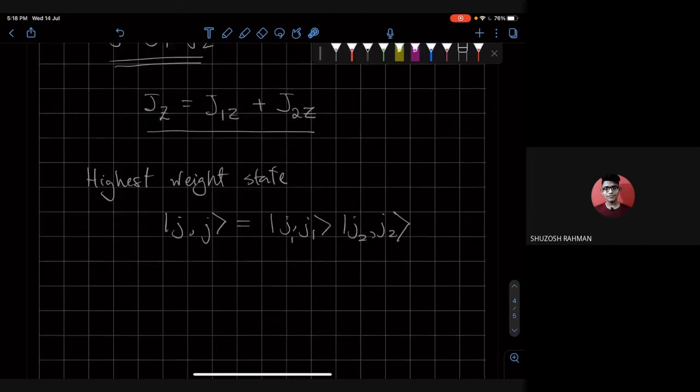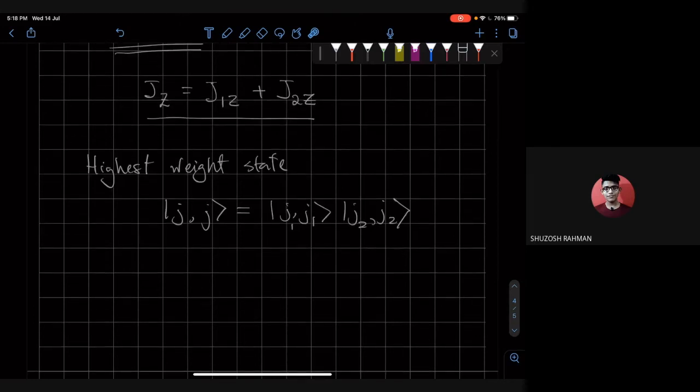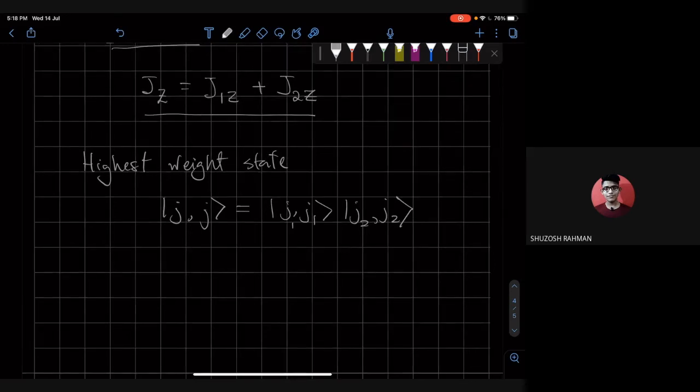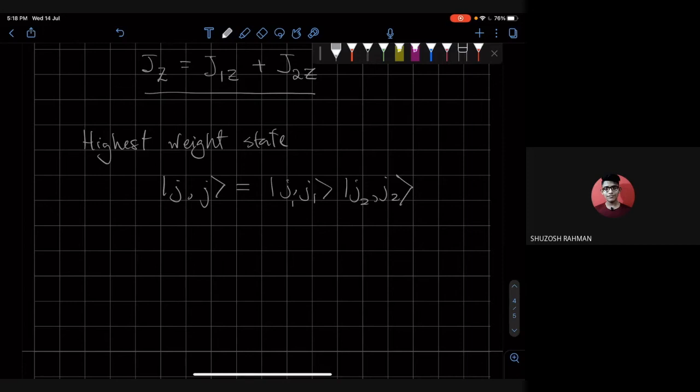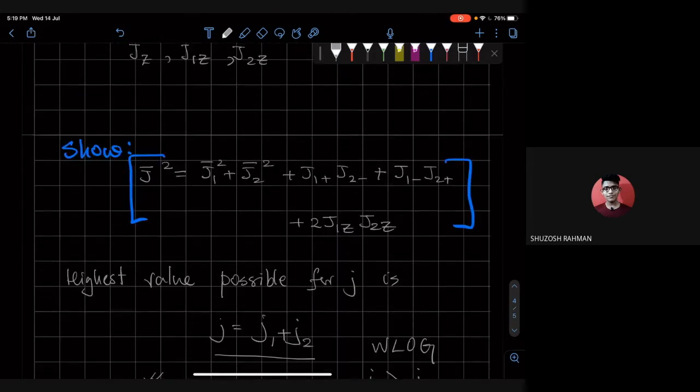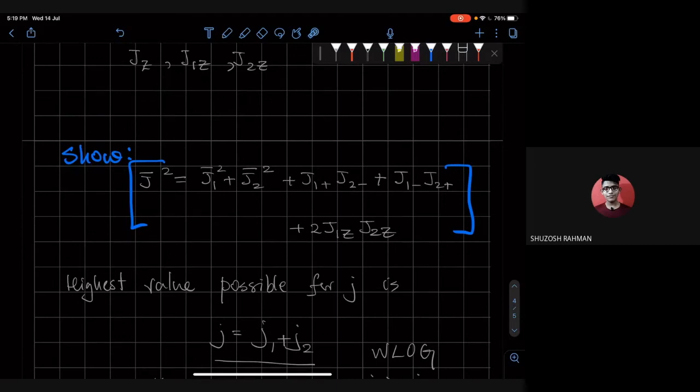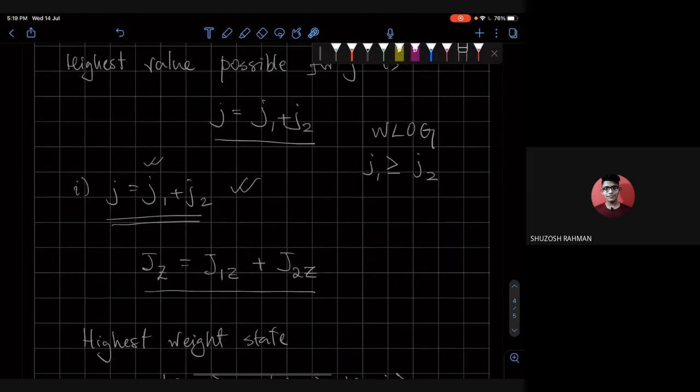So we are assuming that this is a state, and we can pretty much see it's going to be the right state, but let's just do this. So there are two tests. One is we have to see what its J squared value is. So what is the J squared value of J of J? Well, J squared is going to be equal to this complicated thing.